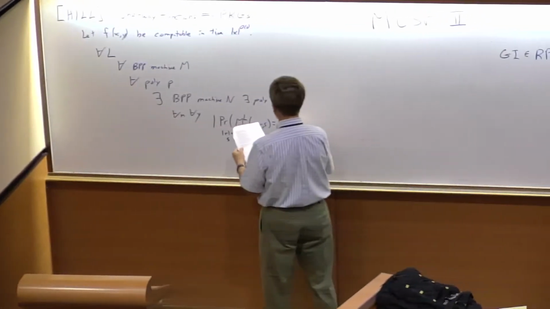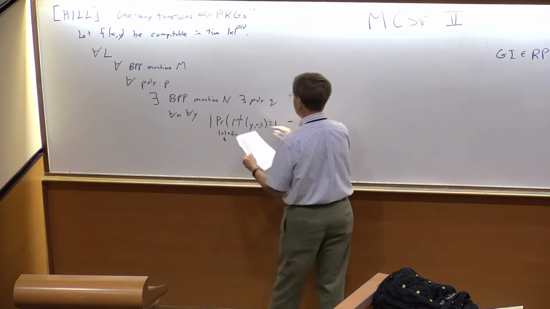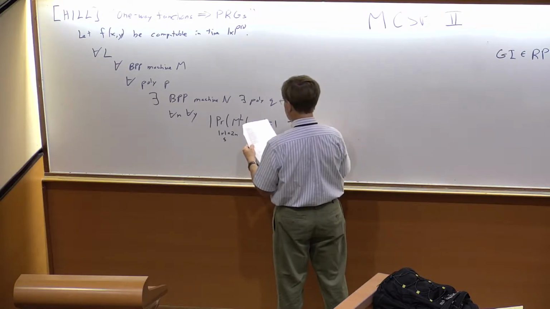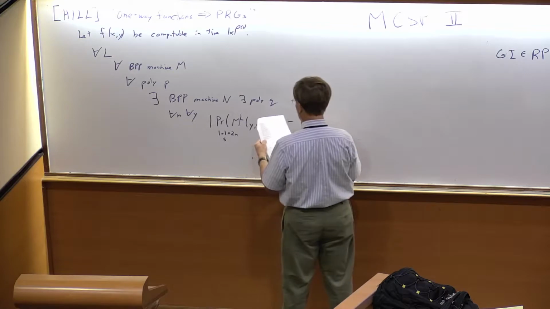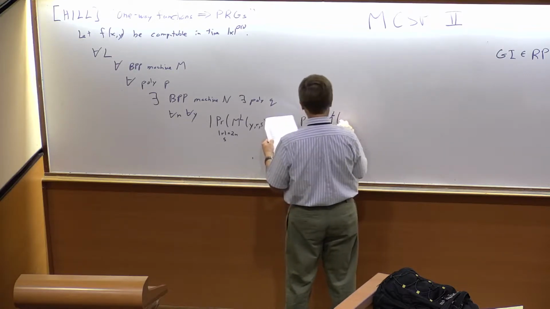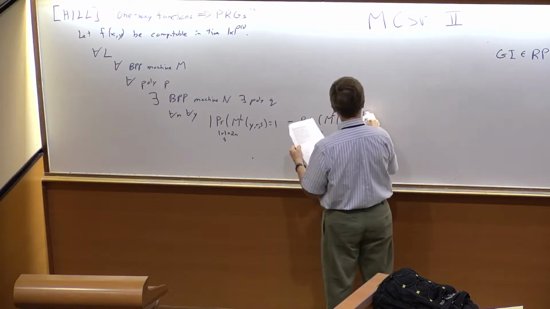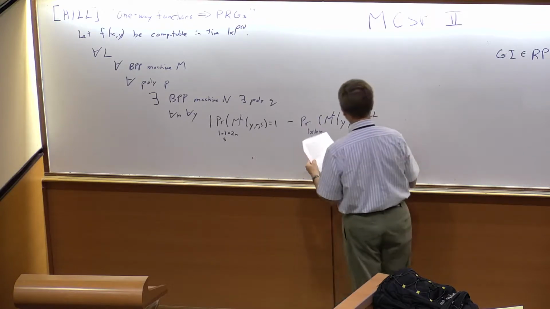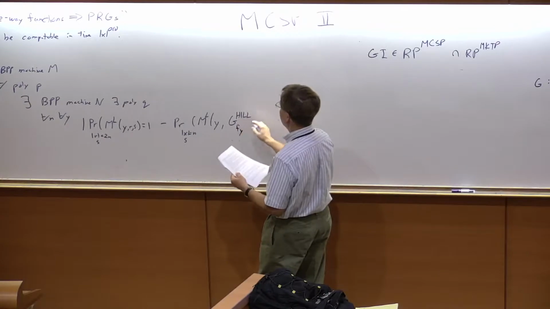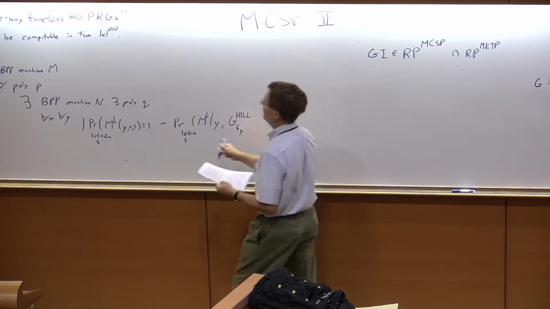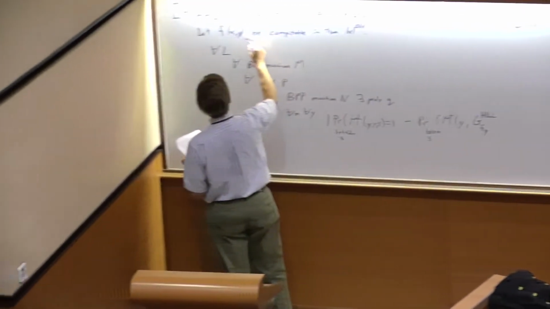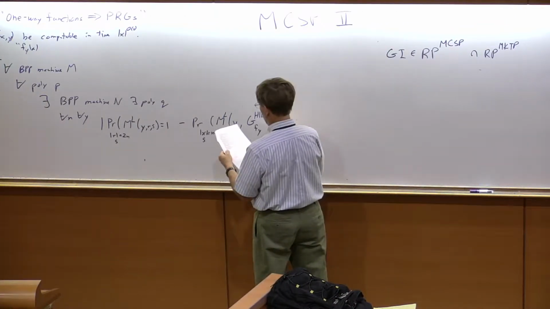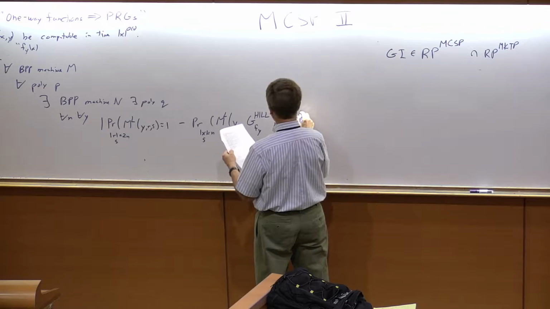If that probability that M equals 1 minus the probability, over length x equals n and random bits S, that M with oracle L on input y and a particular generator that Hill tells you how to construct from f sub y, so this is f sub y of x, and S equals 1.